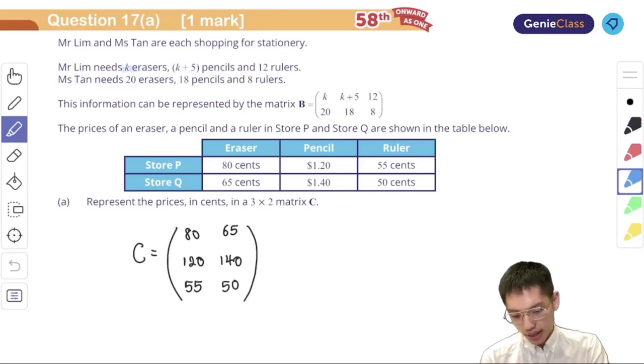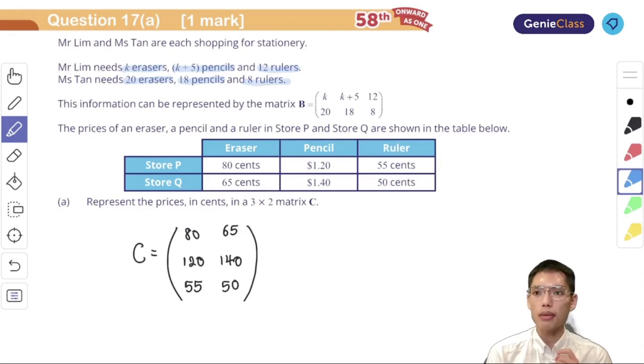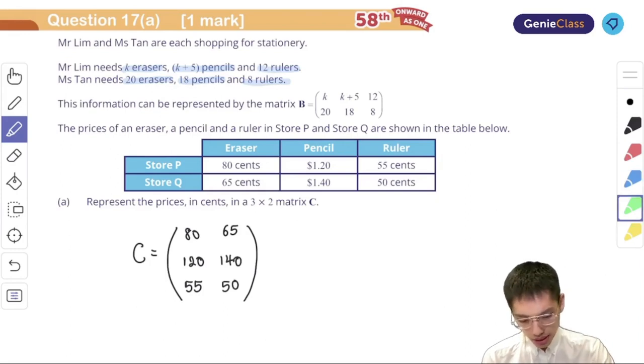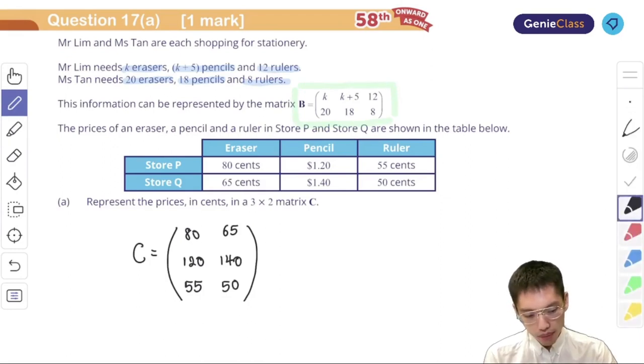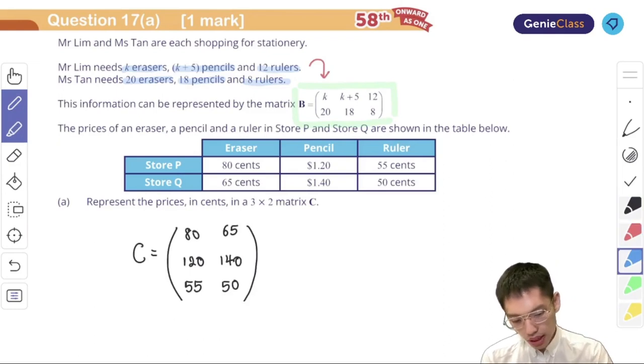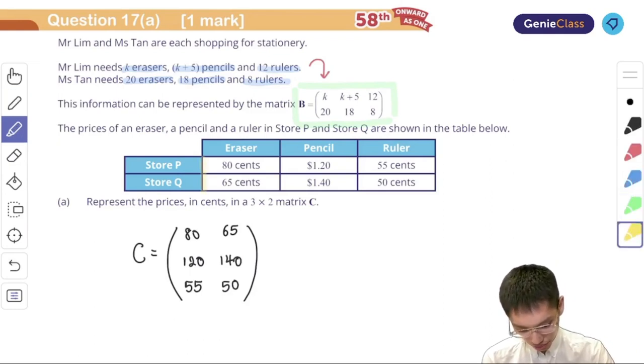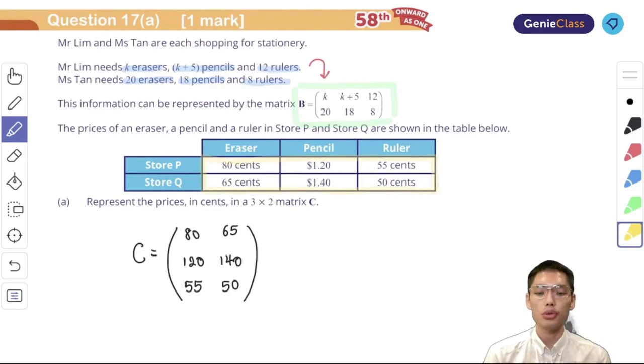Usually with a matrix question, especially when they give you this matrix over here, from the information given and the arrangement, you will already know there is some form of matrix multiplication coming. Usually when matrices come into play, there will be matrix multiplication next.